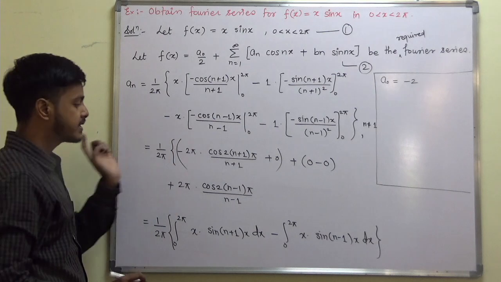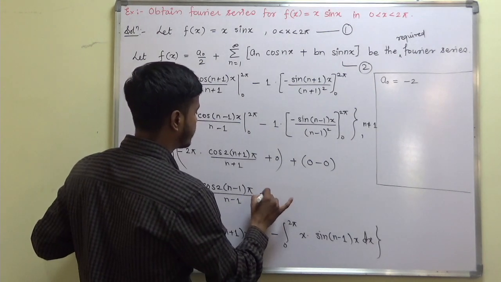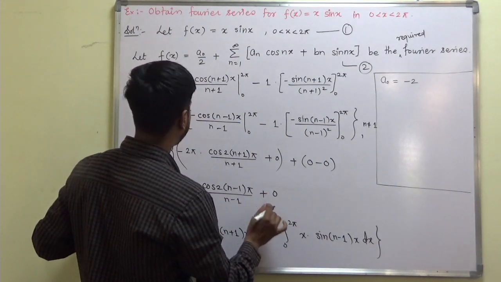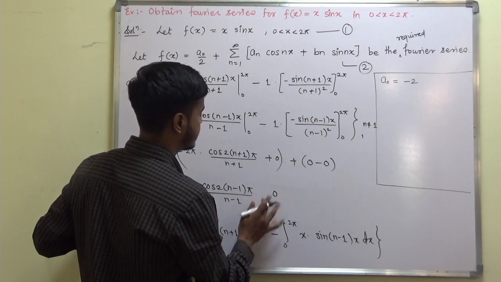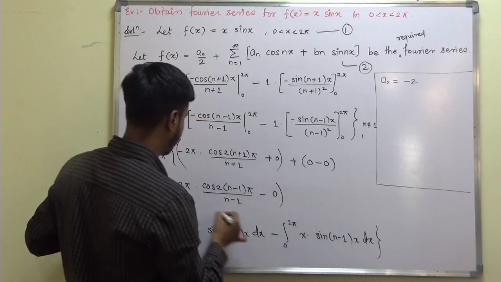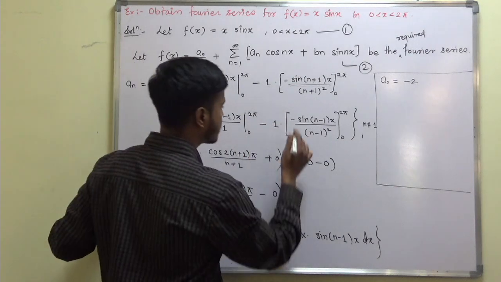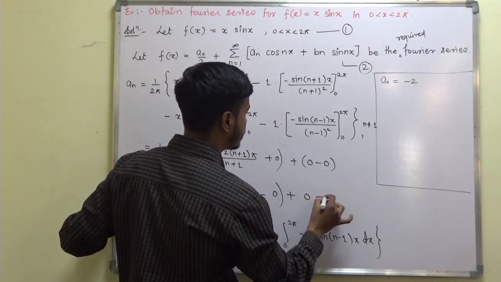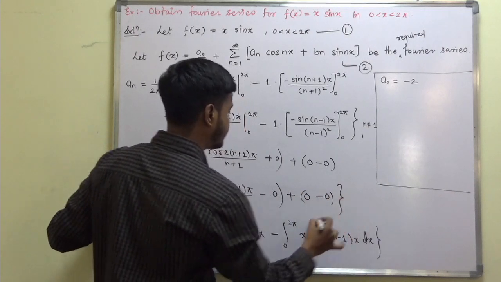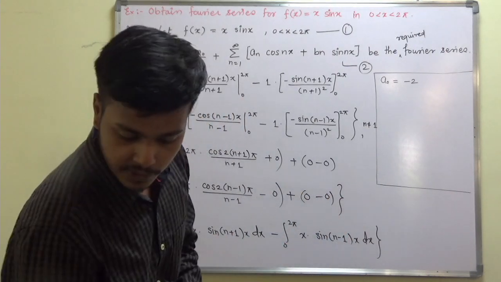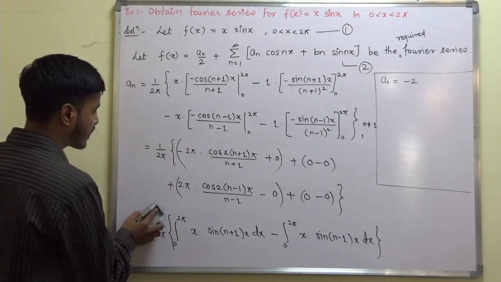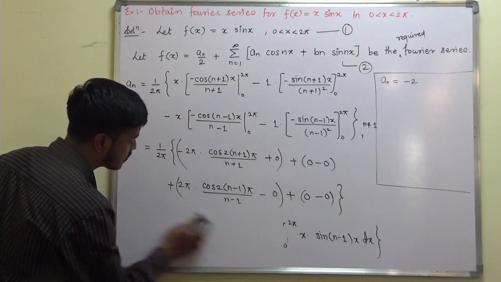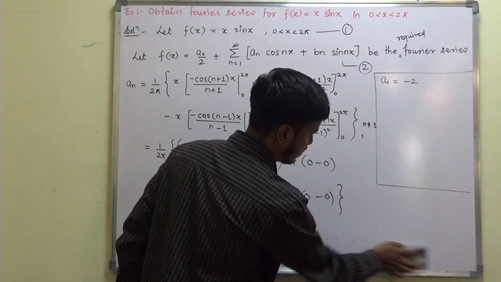Then 0 times is 0, minus 0. This is the limit to this. Minus plus sine 2(n minus 1) pi is 0, sine 0 is 0. So we have only one term of cos (n plus 1) and cos (n minus 1).